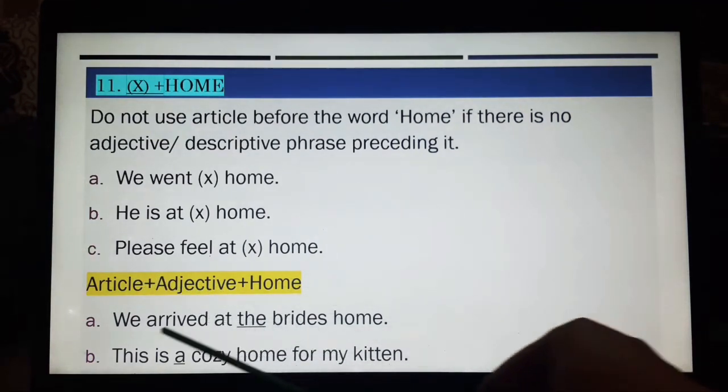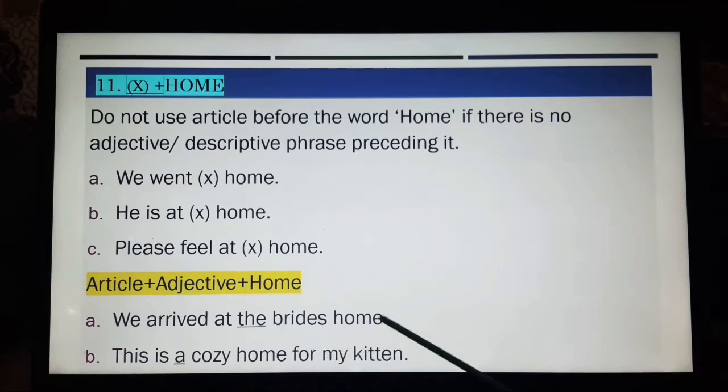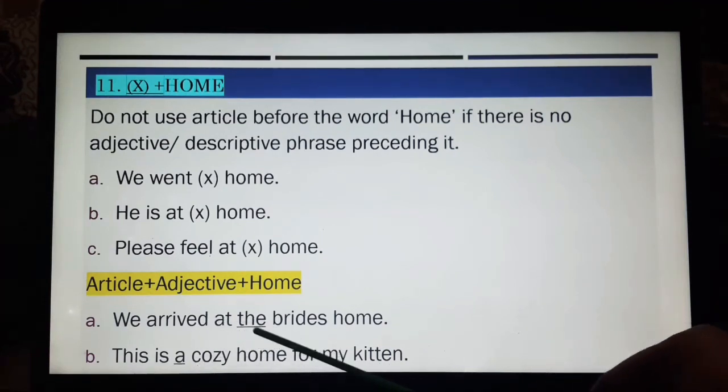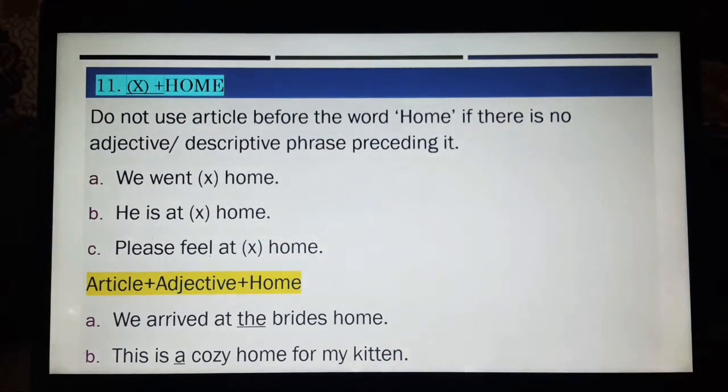How is that? We arrived at the bride's home. This is a cozy home for my kitten. So here we used the adjective bride's before the word home, and here we used cozy before the word home. So that is why it took an article before it. Otherwise, just before home, we do not use any article.